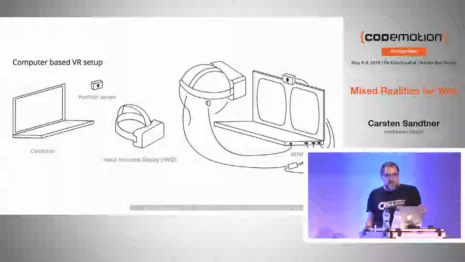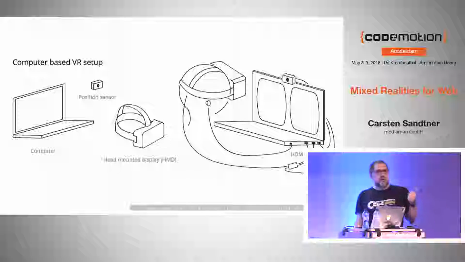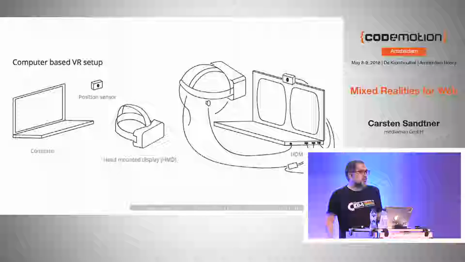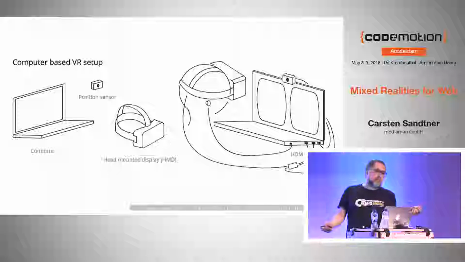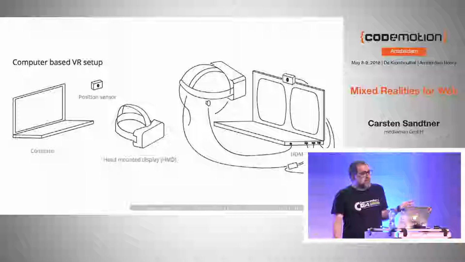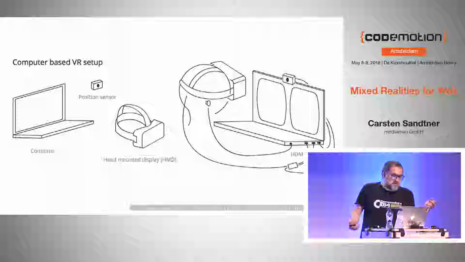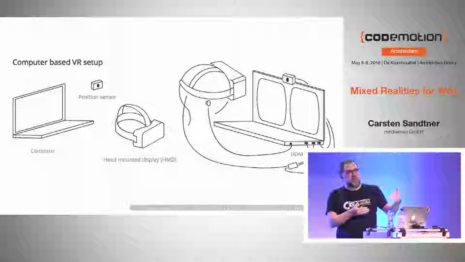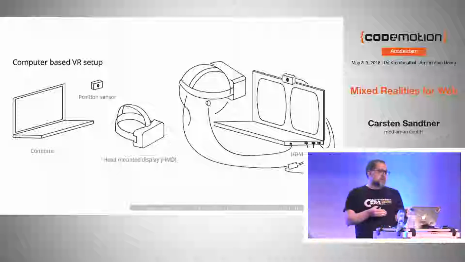There is a computer-based setup where you have a head tracker, a head-mounted display, and some other positional trackers for the room, maybe for the HTC Vive. And the signals were transferred by USB or HDMI, and it's a bit more expensive because you need a computer capable of rendering all these scenes for at least 2 displays right before your eyes, and maybe if you want to see what the people are seeing when you're going outside, you could see it.